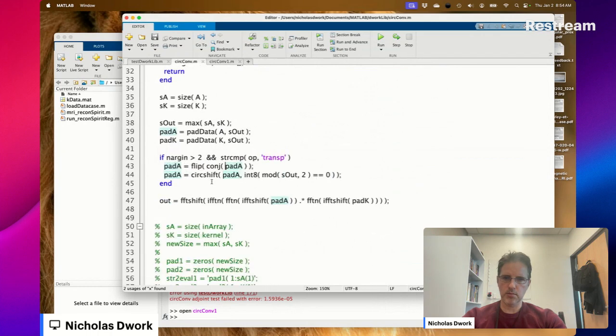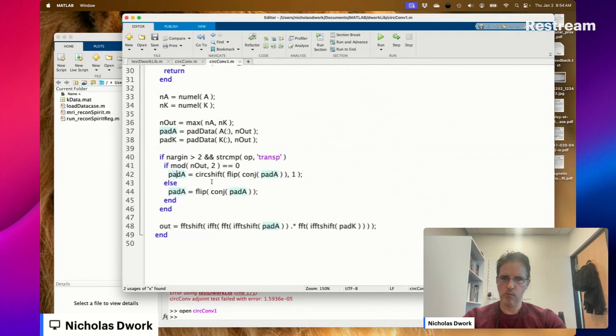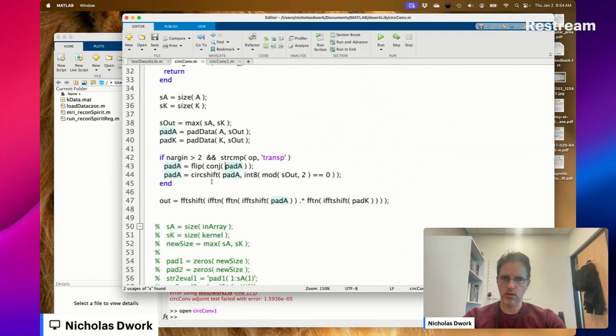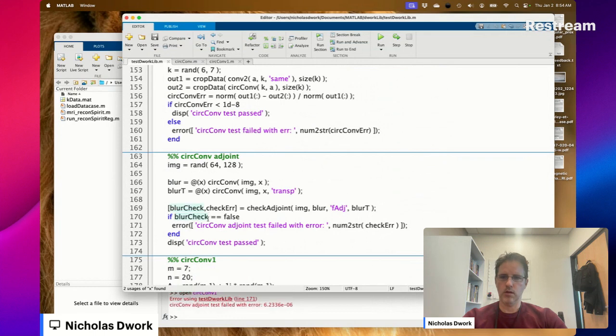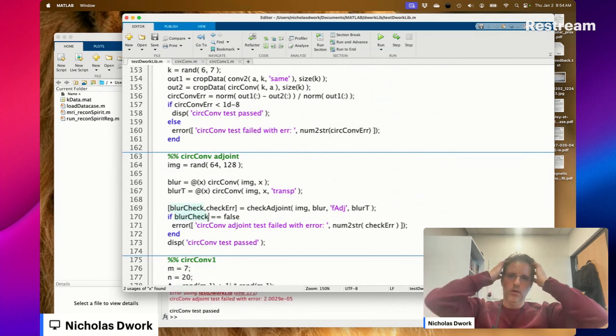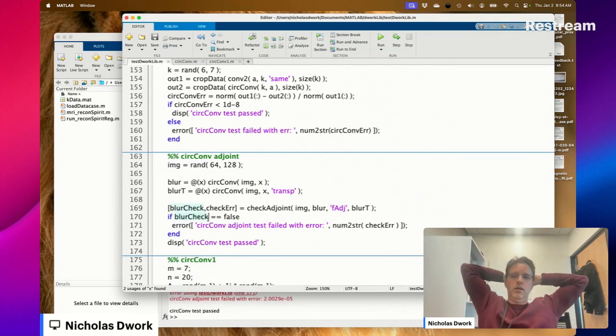Man, those codes look pretty similar, don't they?